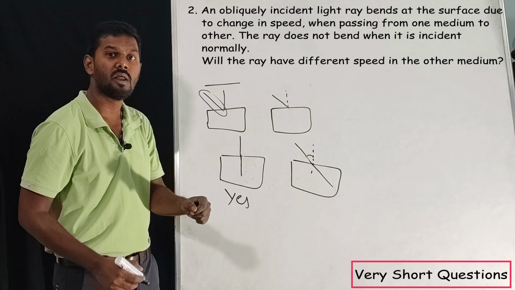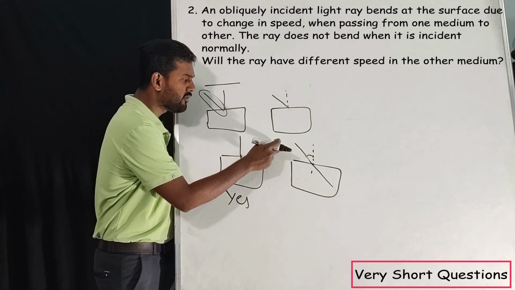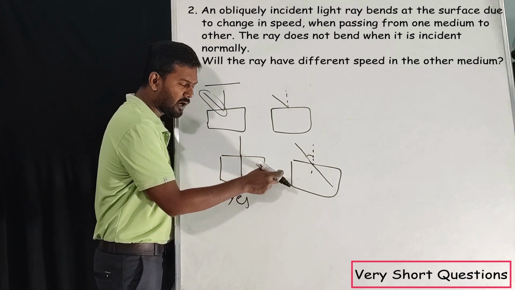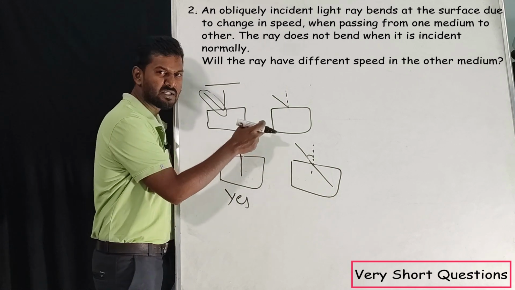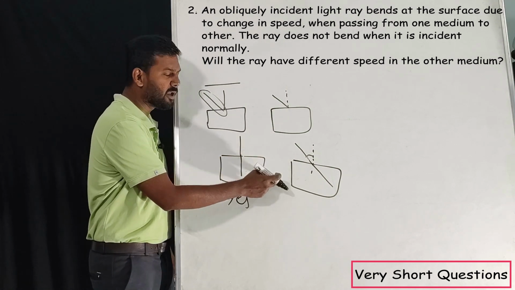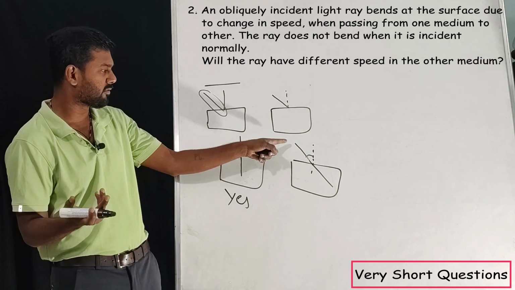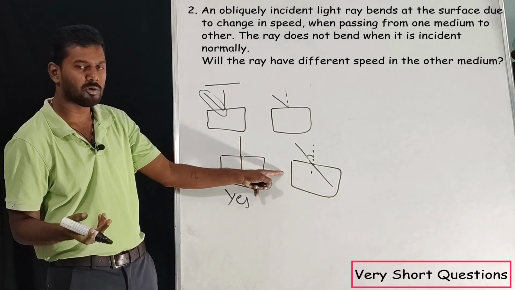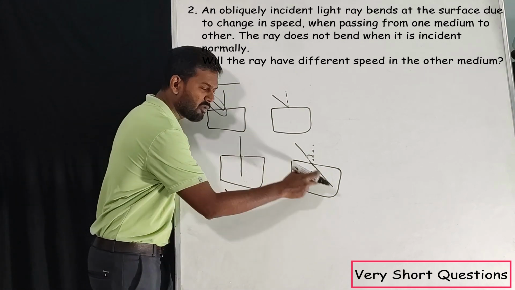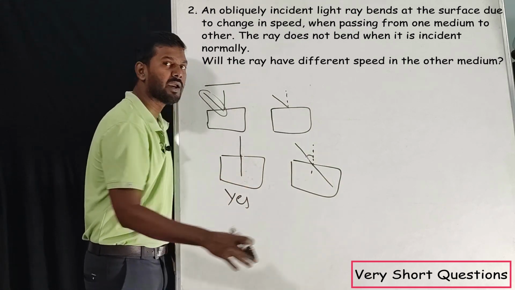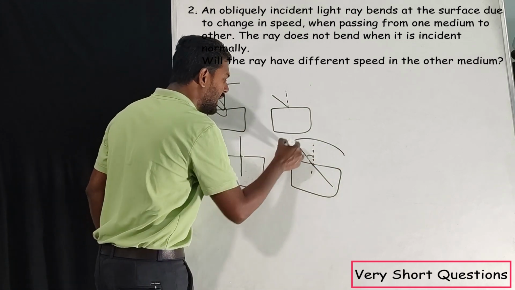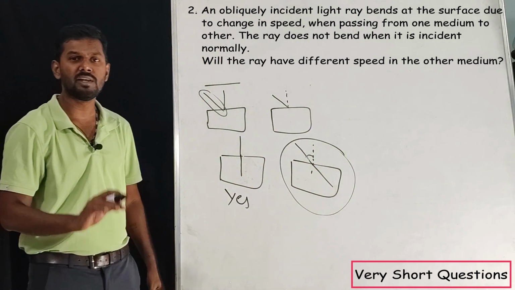When will this happen? When the refractive indices of medium 1 and medium 2 are the same. When the values of the refractive index of medium 1 and medium 2 are the same, there will be no refraction and the speed of light will never change. Only in this case will the speed of light not change.